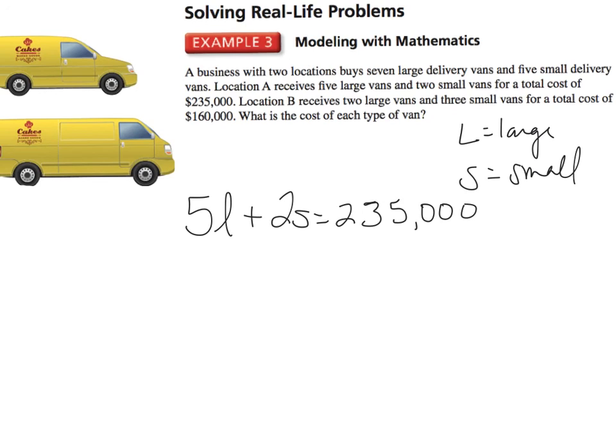Location B has 2 large vans plus 3 small vans equals $160,000.